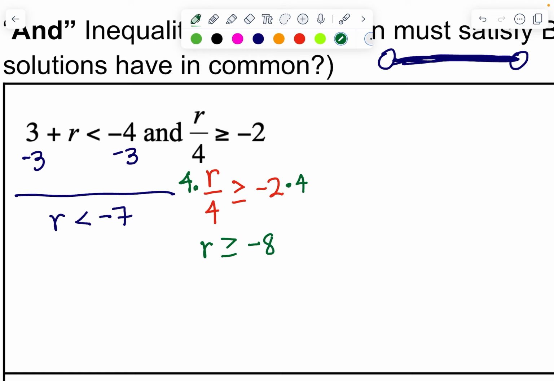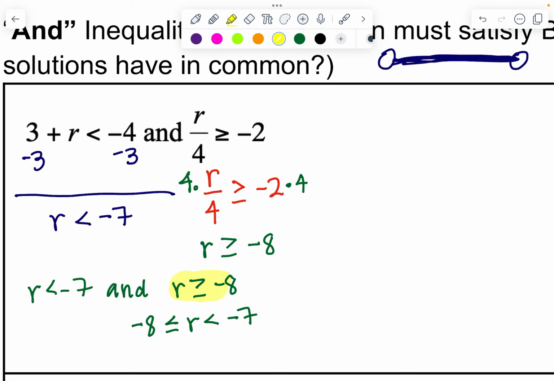So there's two ways we can write this. I can either write r less than -7 and r greater than or equal to -8, or I can write it -8 less than or equal to r less than -7.